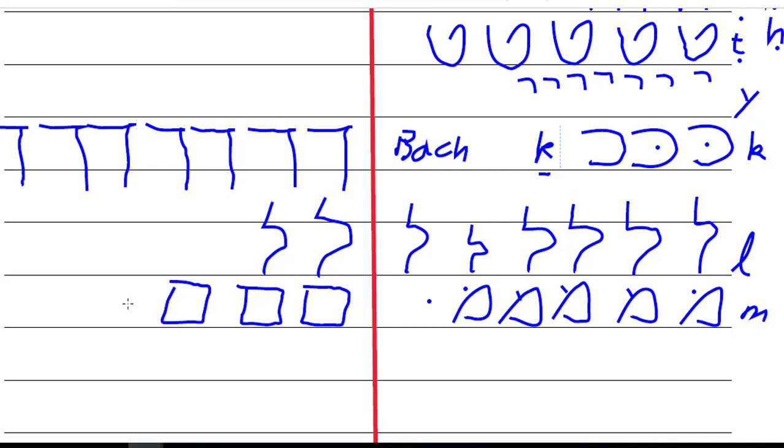Remember, final forms are when a consonant that takes a final form occurs at the end of a word. So there's your Mem. The next one is Nun. Nun is a very skinny letter.